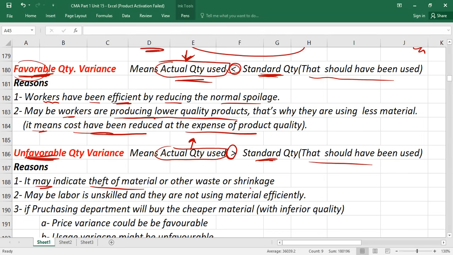Sometimes maybe the material may shrink. Understood? Then why is actual quantity used more? Maybe the labor is unskilled and they are wasting more material. So they are not using material efficiently. Obviously unskilled labor will waste more. So that could lead to an increase in actual quantity used.